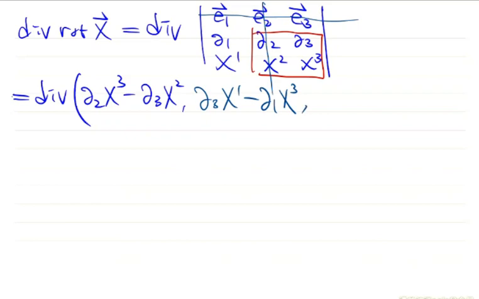And finally you erase this and consider this determinant, so this is d1x2 minus d2x1.